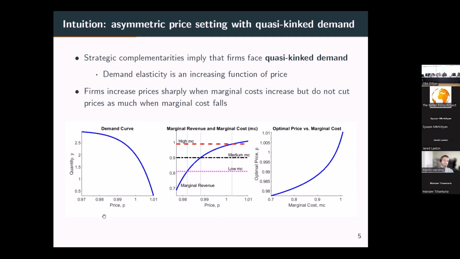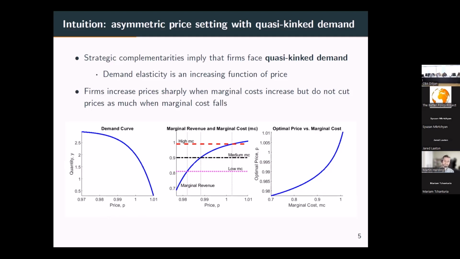So what this means is that demand elasticity is going to be an increasing function of price. So what you are seeing in the left-hand side chart here is that if you as a firm want to cut your prices, your demand is going to become more inelastic. So as a matter of fact, you are going to find it challenging to attract more demand, to crowd in demand by cutting your prices, because your demand at the same time becomes more inelastic.